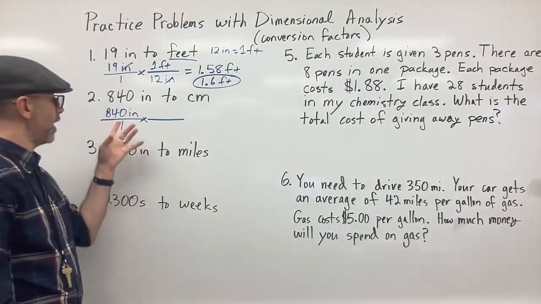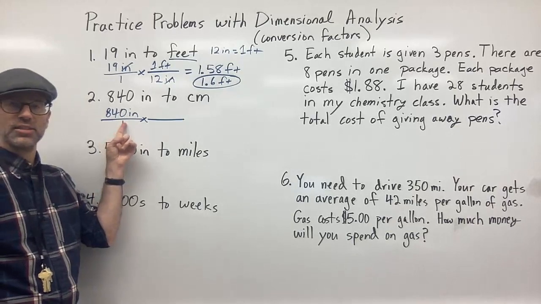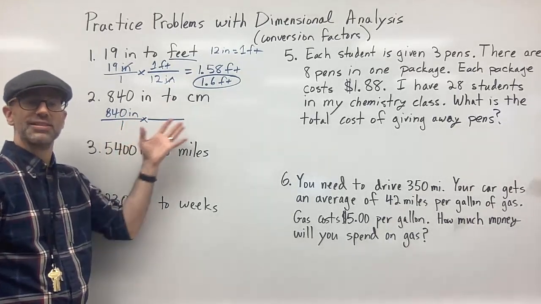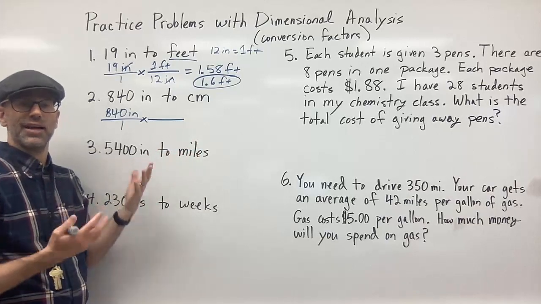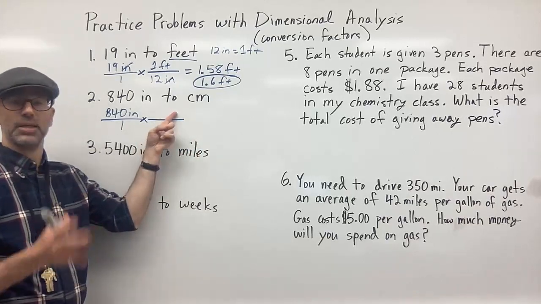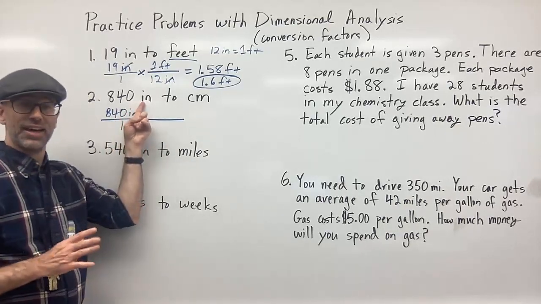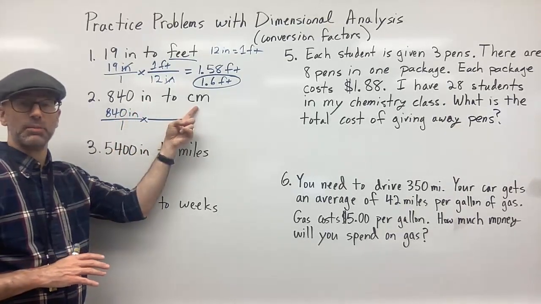So again, I don't want inches, I want centimeters. So I'm going to use conversion factors to convert to centimeters. And when I get centimeters on top, I'm done. So that's my goal. So I need a relationship, if any, between inches and centimeters.